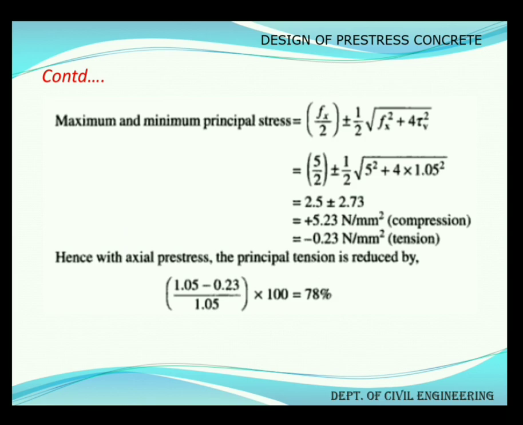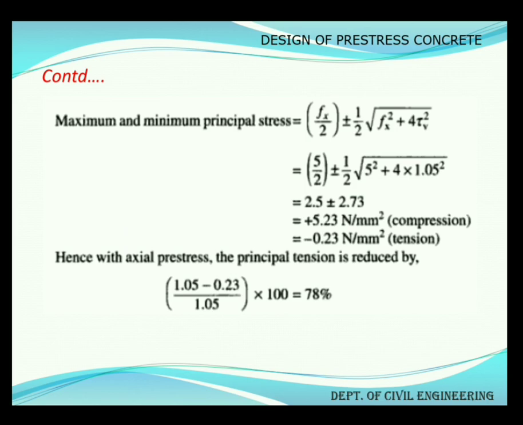Next, the maximum and minimum principal stresses including the effect of Fx. In the previous part of the example we only took one half of the formula, that is plus or minus 1 by 2 square root of Fx square plus 4 tau v square, where Fx was 0 as we had not computed it, and the first solution required was without any axial forces.